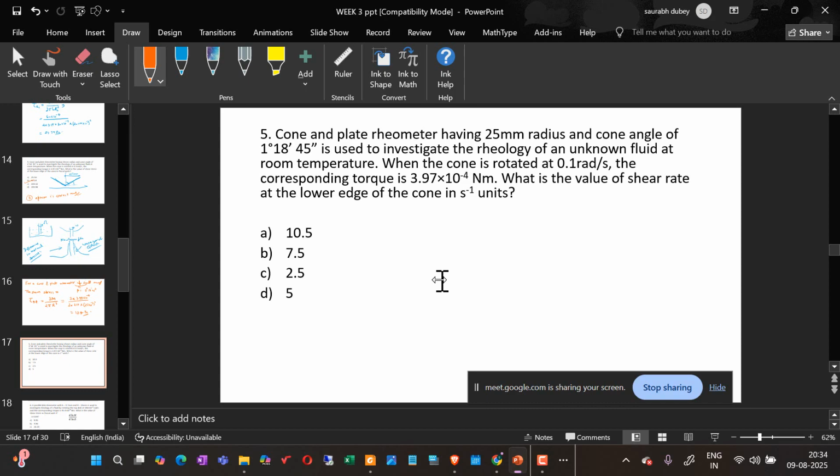So in the last question shear stress was calculated, right? But here you are going to calculate shear rate, right? So this is important. The only difference is the shear rate calculation. There you calculated shear stress. So these two pieces of information are important.